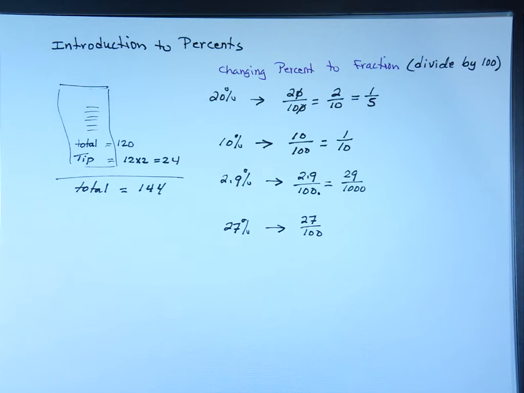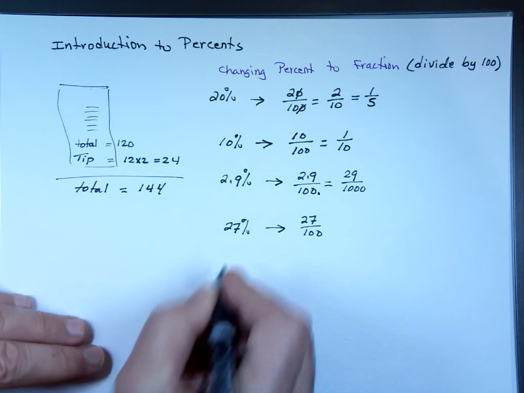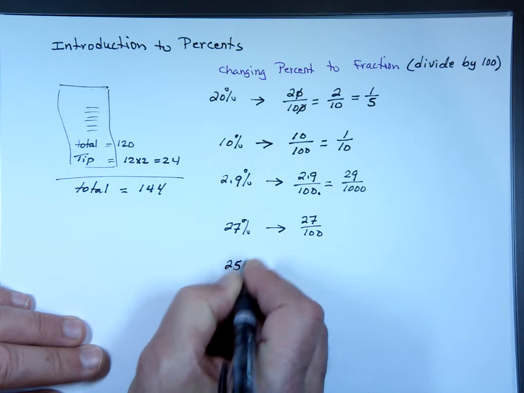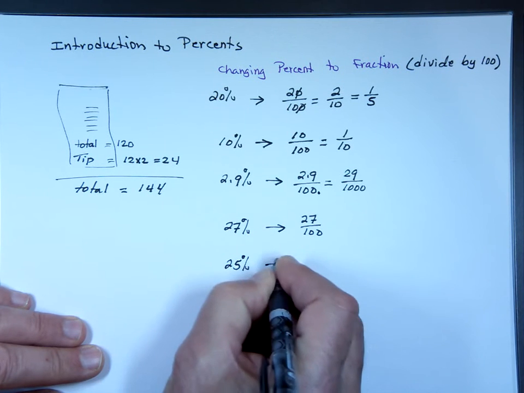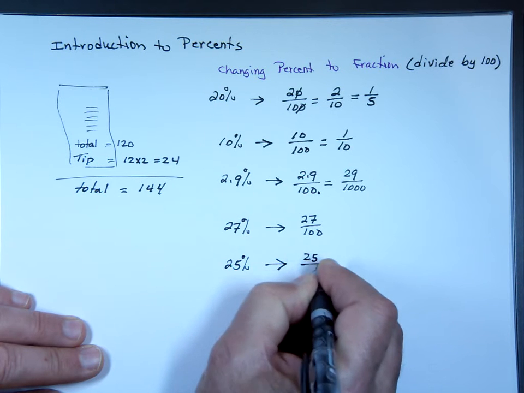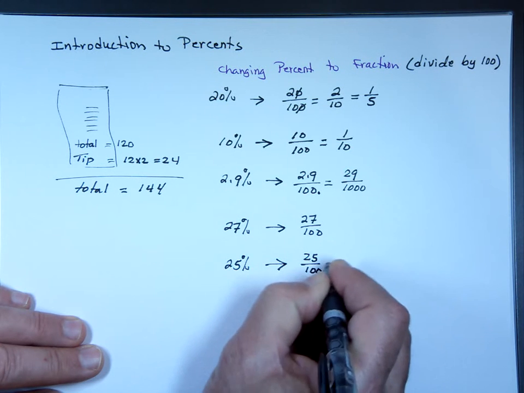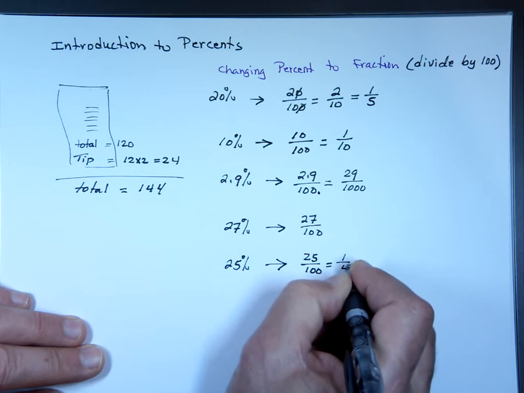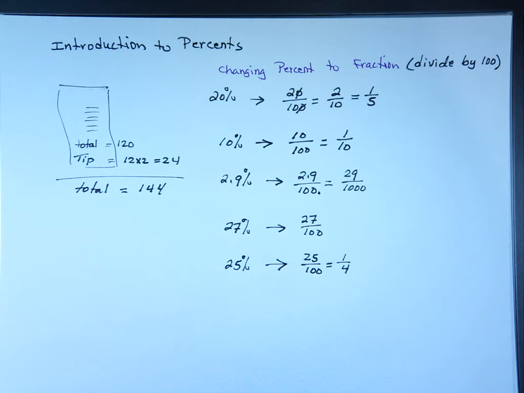They go 25% off. What is 25% off? That's 25 over what? 100. Can you simplify that? So 1/4 of the price is off. 1/4.